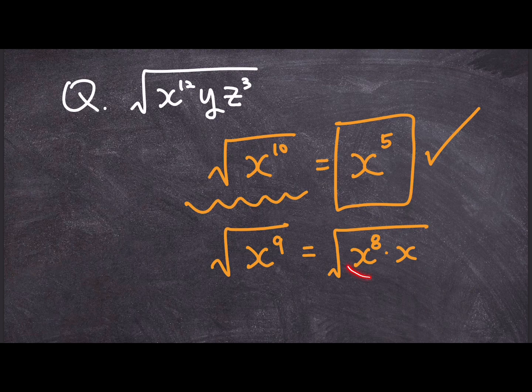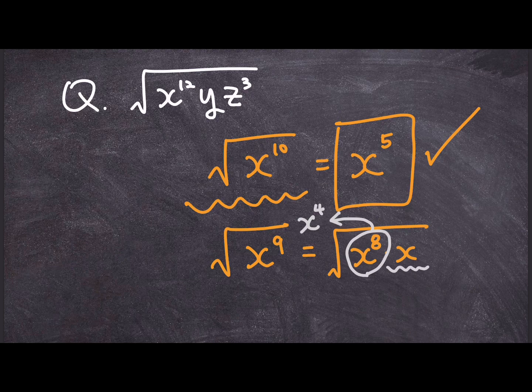Now, x to the power of 8 times x is equal to x to the 9, but if you write it this way, it's much easier to simplify because this term gets to escape as x to the power of 8 over 2, or 8 divided by 2, which is 4.